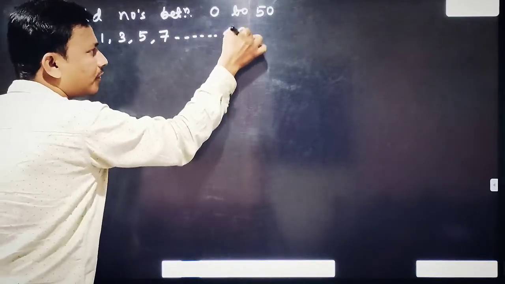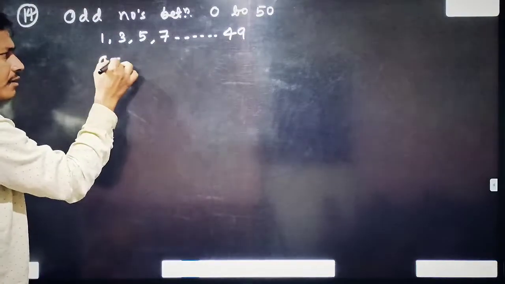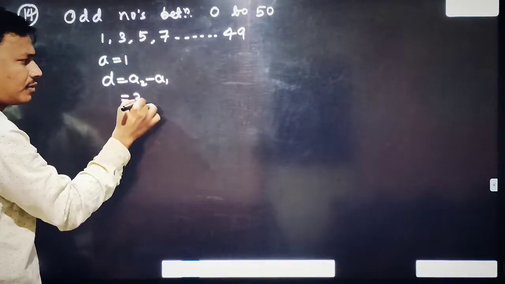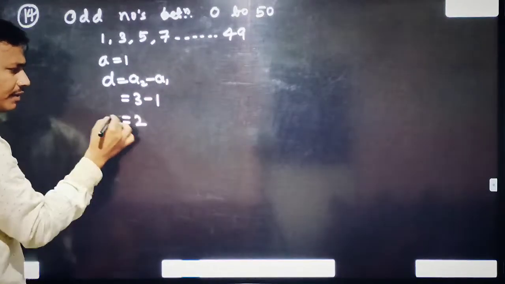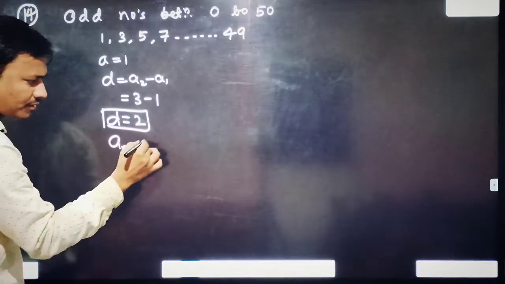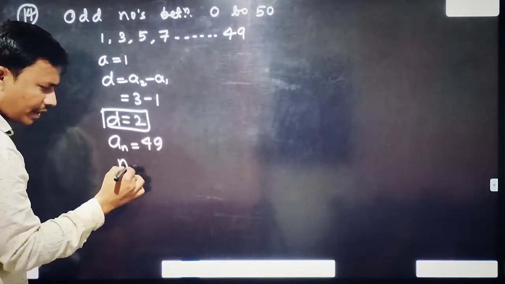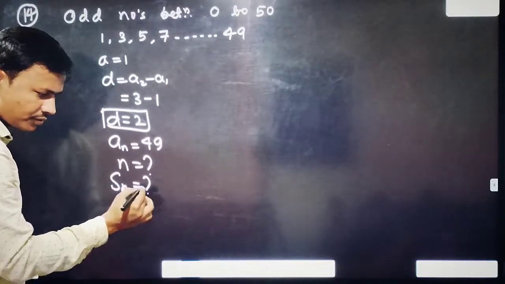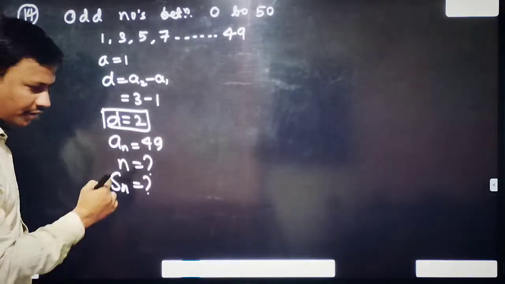Last one 49. What is a? What is d? What is A2? What is the d value? Then what is An? 49. Do we know the n value? No. Do we know the Sn value? No. First of all, what we need to do?